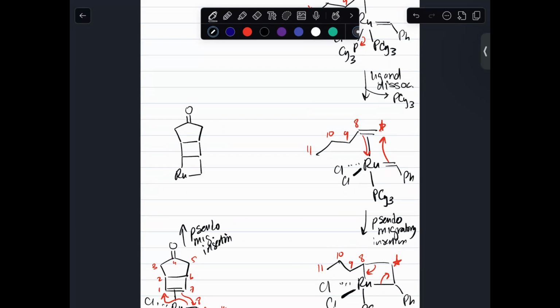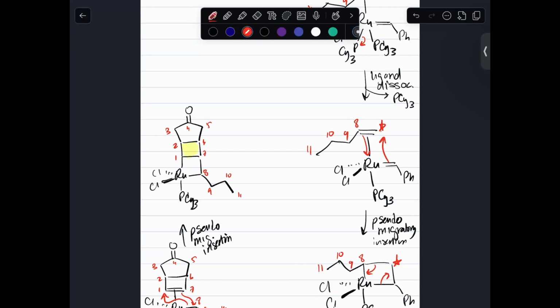And I'll continue to number. Just give me a second. Again, the metallocycle collapses, and it collapses to specifically open your four-membered ring, right?